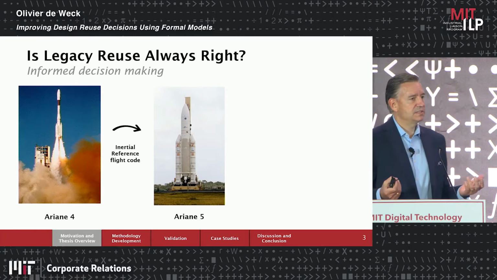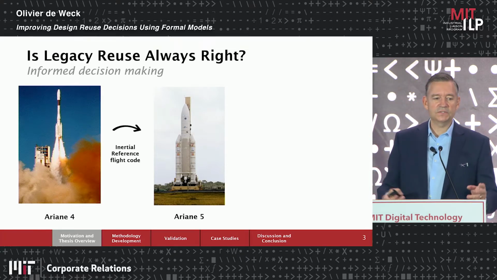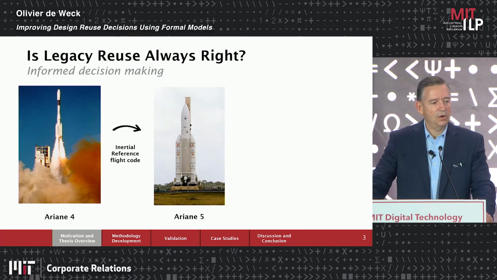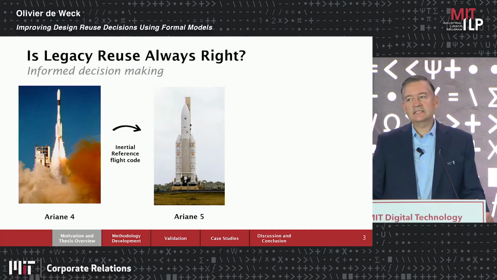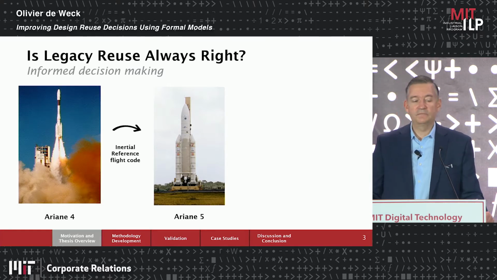Now, one of the key questions you should ask is, whenever you're thinking about reusing a design or certain assets, is it right? Is it always good to reuse? And the answer is no. This is a very classic example of software reuse gone bad. Very famous case in the launch industry.